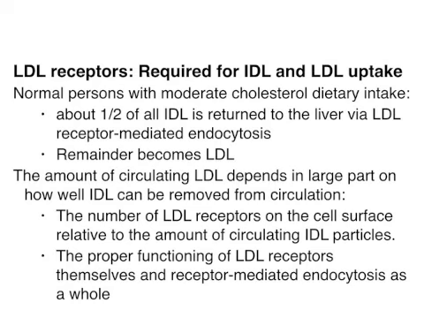And this, in turn, depends on the number of LDL receptors that are found on the cell surface relative to the amount of circulating IDL particles. It also depends on the proper functioning of the LDL receptors themselves and the process of receptor-mediated endocytosis as a whole.